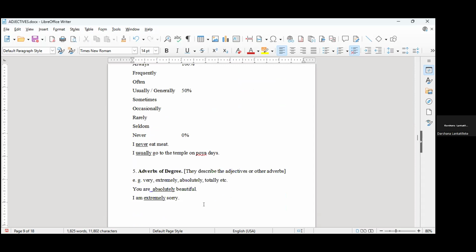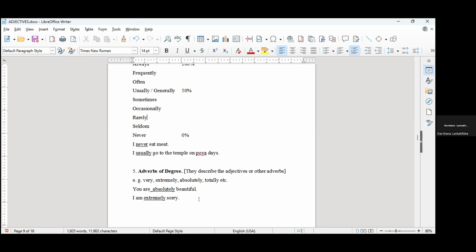Number 5, adverbs of degree. They describe adjectives or other adverbs. What are the words? Very, extremely, absolutely, totally, like that.